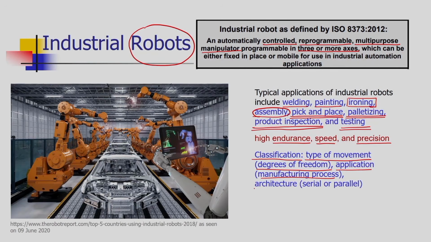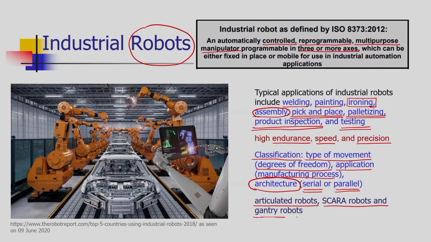We can classify the robots based on their architecture, either it can be a serial robot or a parallel robot. Many robots are used in the industry, and these three are the prominent robots which are being used in the industry: articulated robots, SCARA robots and the gantry robots.